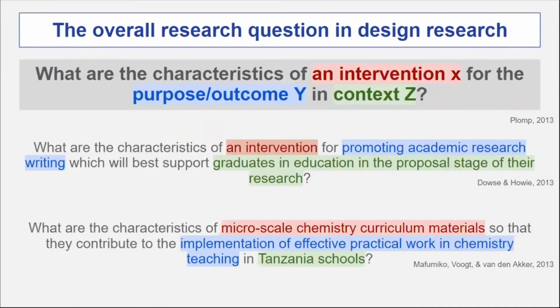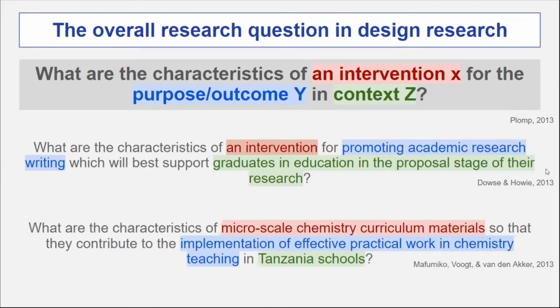Here we have the structure of the research question that has design research as its research design. So what are the characteristics of an intervention X for the purpose or outcome Y in context Z?